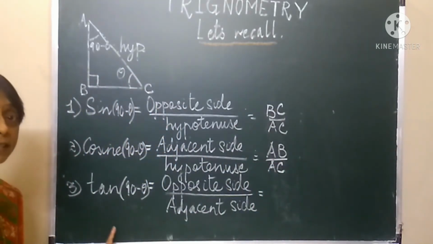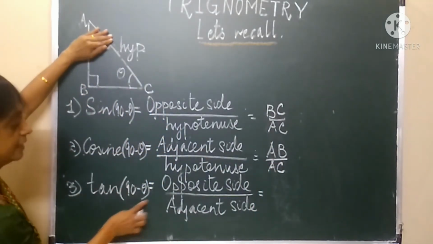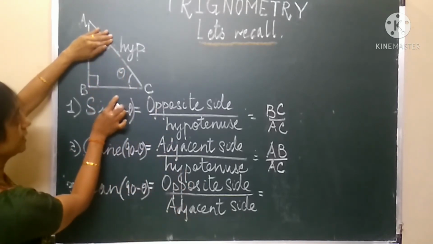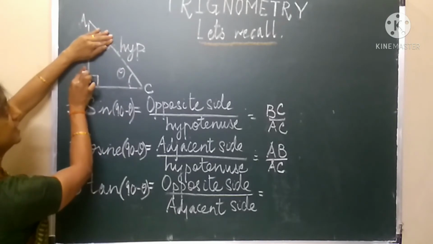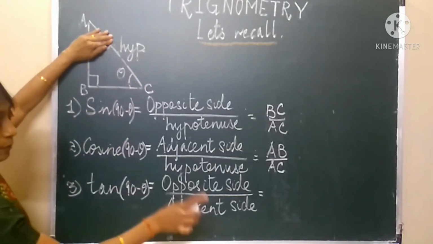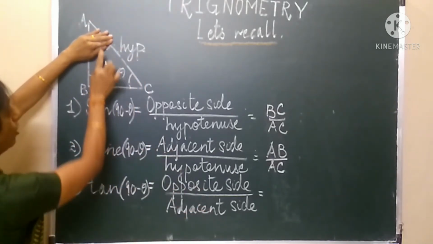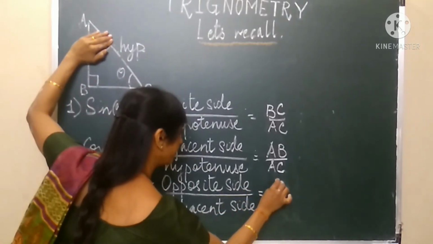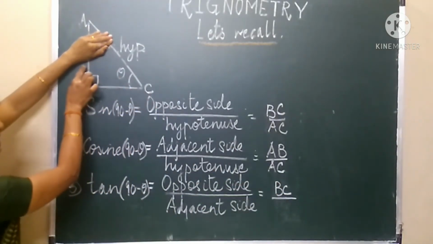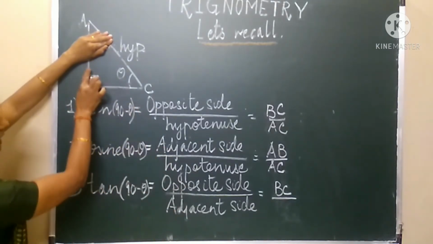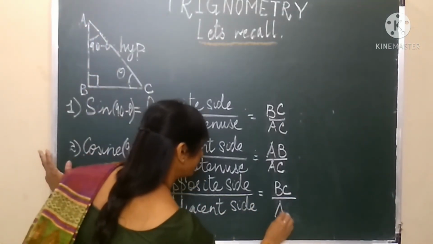And the last one, tan of 90 minus theta is given by which formula? Opposite side of that particular angle upon adjacent side, excluding the hypotenuse. Right? So, opposite side is BC upon its adjacent side, that is AB.